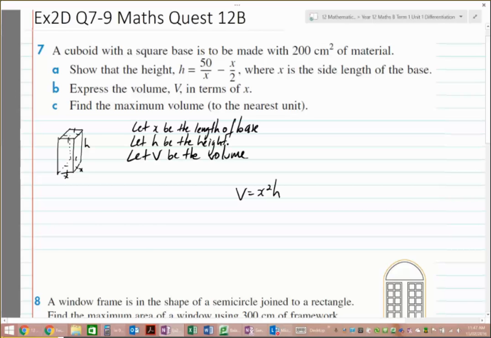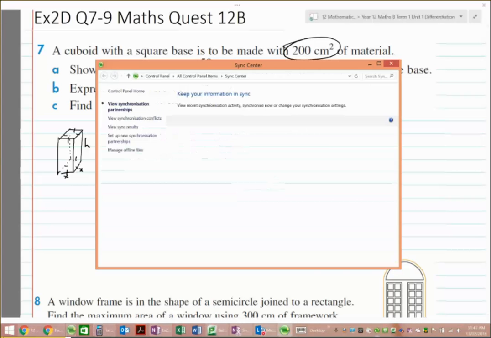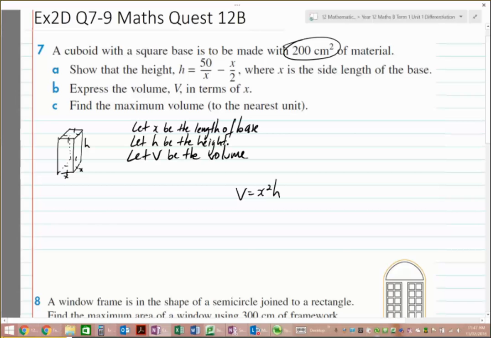Alright, let's see if I can find some relationship between x and h so I can eliminate one of the variables. Well, it's got the relationship there for me, hopefully I can make that on my own though. It's got something to do with the amount of material. It's really telling me that the surface area is 200 centimeters squared.